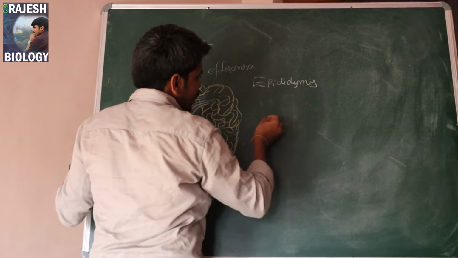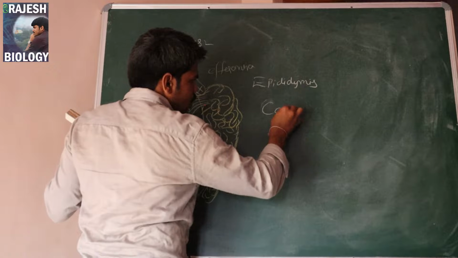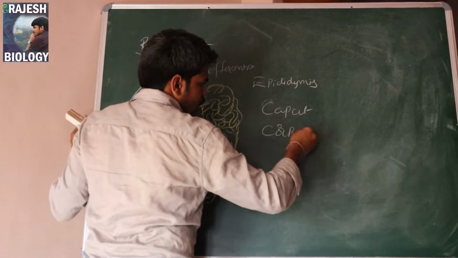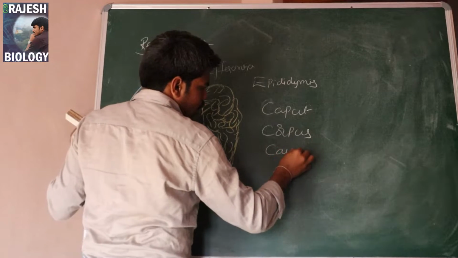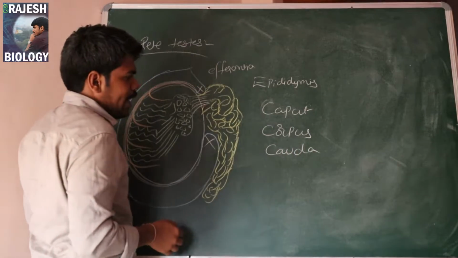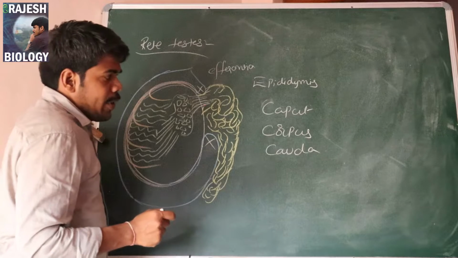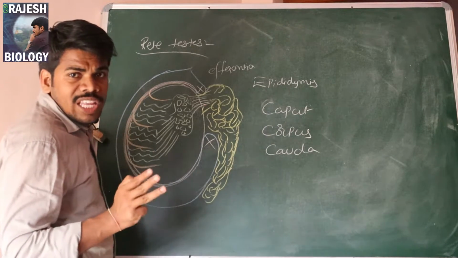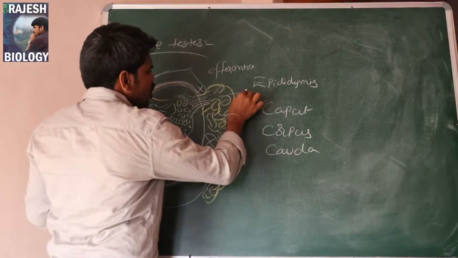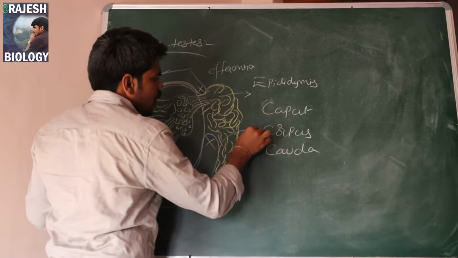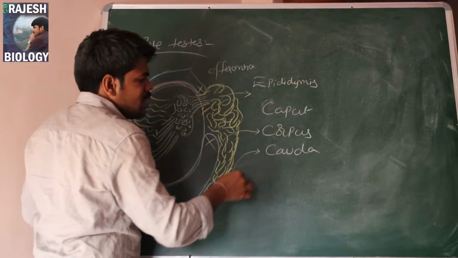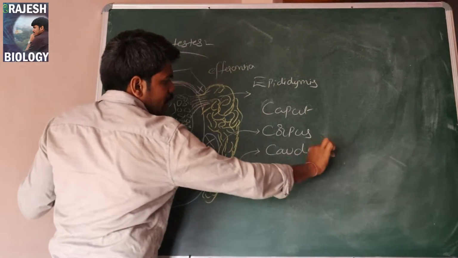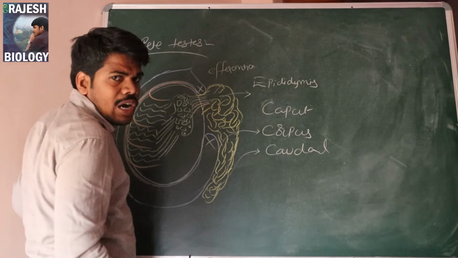Epididymis is very important. Epididymis is divided into 3 parts: caput epididymis, corpus epididymis, and cauda epididymis. 3 regions are there. The first region is called caput, the middle corpus, and the last, caudal region, is cauda epididymis.